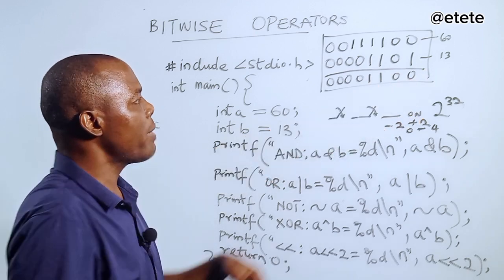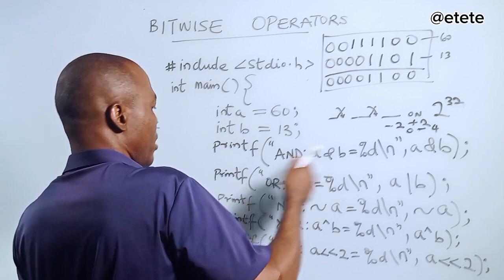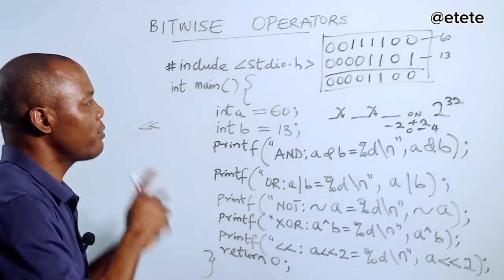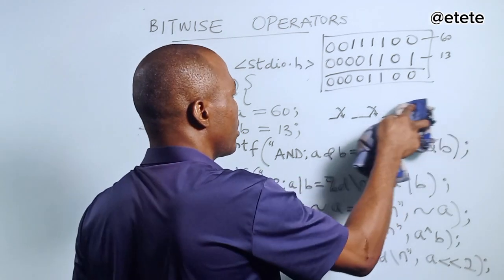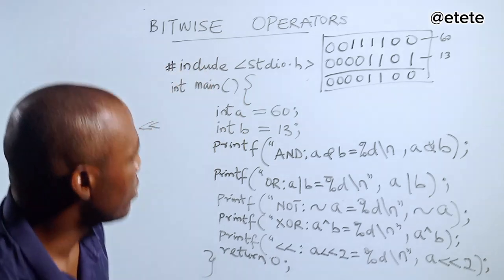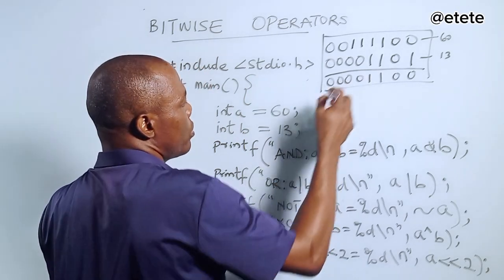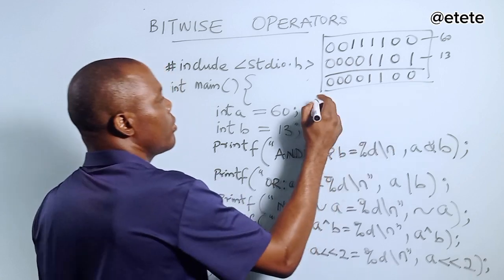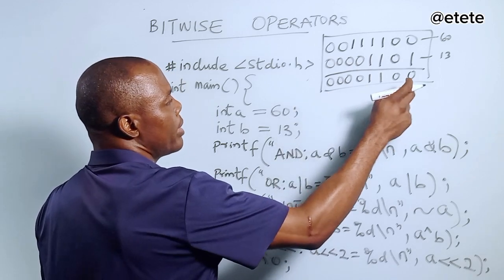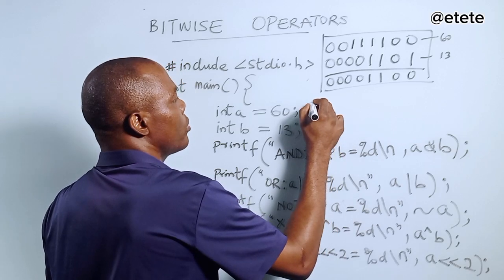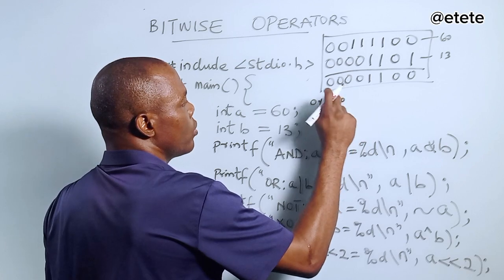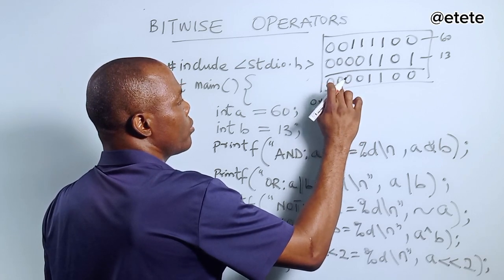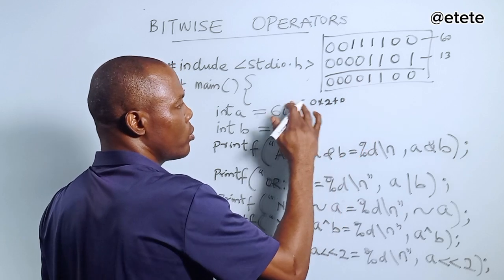So in converting this back to decimal, I might have to clean some things. Let's do from here. So 0 times 2 plus 0. So 1, 2, 3, 4 are all 0. So it will give us 0.